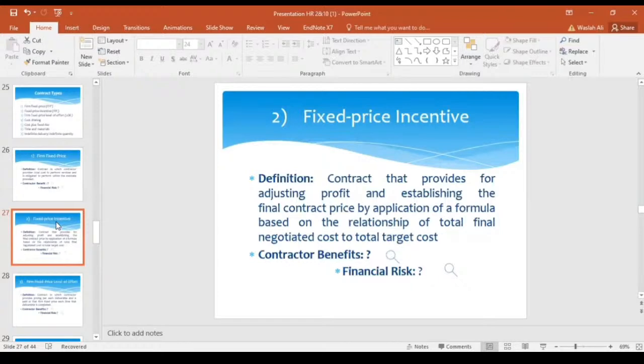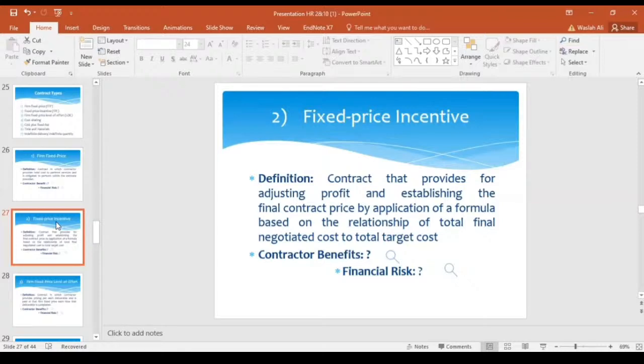In this type of project, profit, total target and total cost are negotiated by both parties. Here we also have some benefits for the contractor and some financial risk. In this case, profit is high for the contractor if the client agrees with the promise. If the client agrees with your promise, then you have maximum profit.